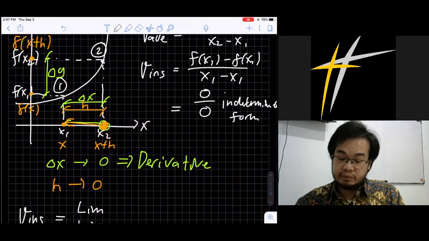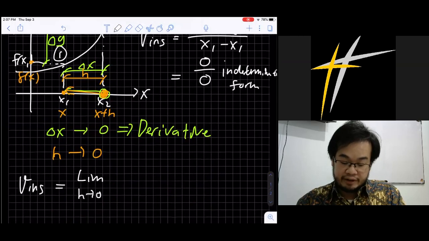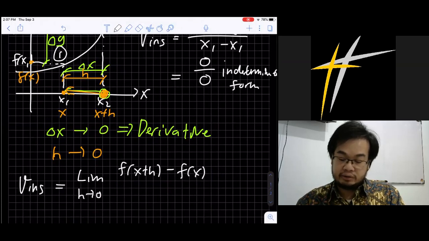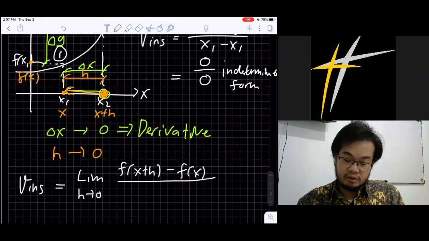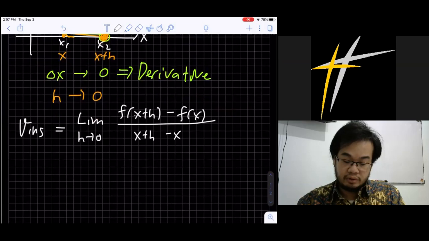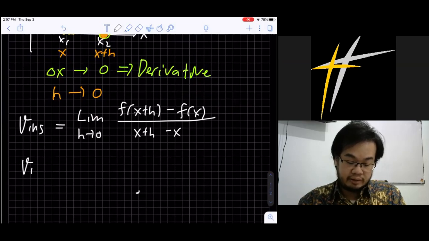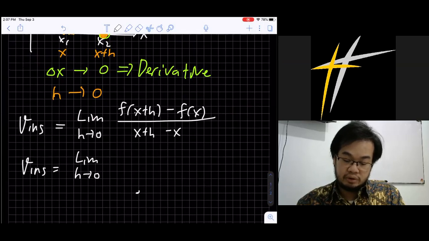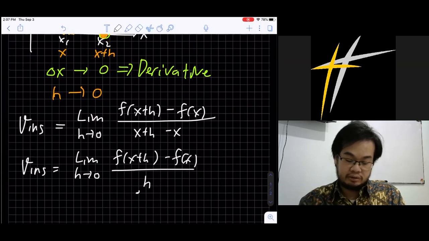The same principle: f of x2 we change into f of x plus h, f of x1 we change into f of x, and x2 minus x1 is x plus h minus x. Or simplified, it is equal to the limit of h approaching 0 of f of x plus h minus f of x over h.